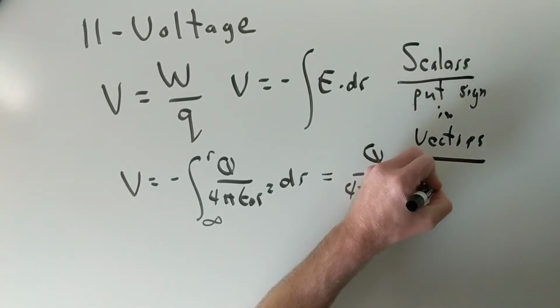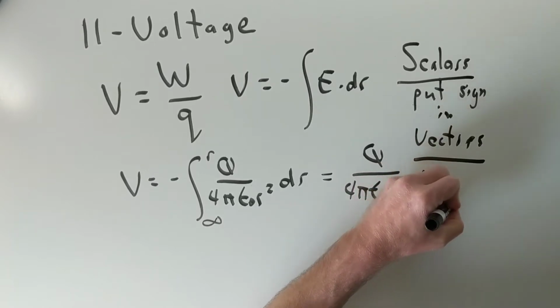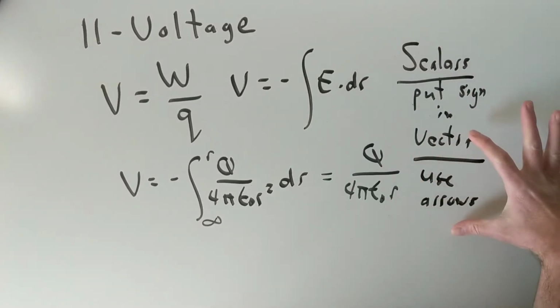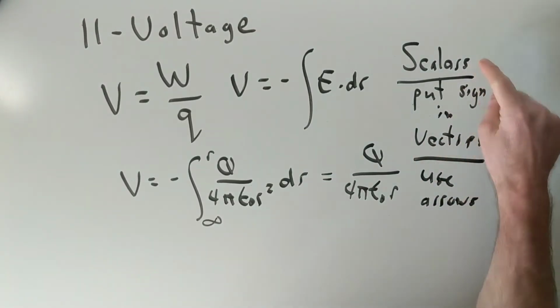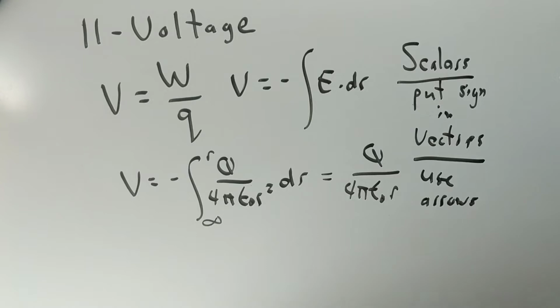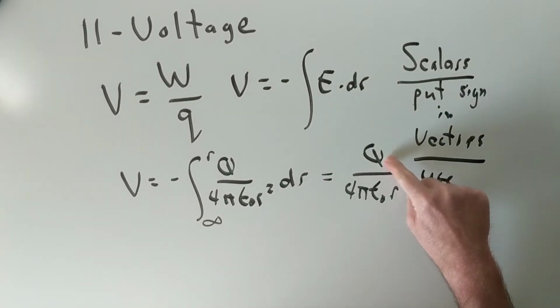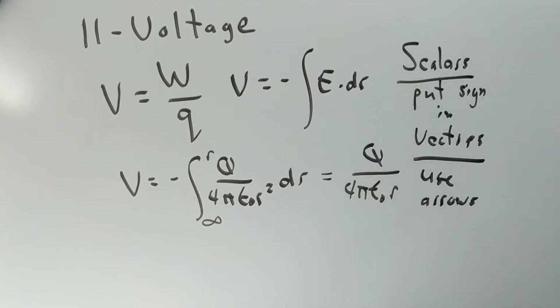I would just use the arrows and figure out which direction it's going. So in electric field, you'd use a vector to figure out which way it's going. For voltage, you just put the scalars in. What's nice about voltage is you pretty much just have to add it all up. That's really all you're doing with voltage, adding up all the voltage pieces, because it's a lot like energy. With it being a scalar, you don't have to worry about anything else. But again, I would put the signs in. So if it's a negative charge, I'd put negative Q in there, and then go with it that way.